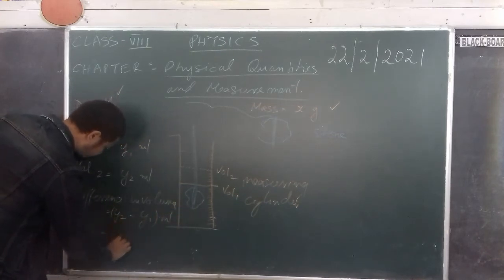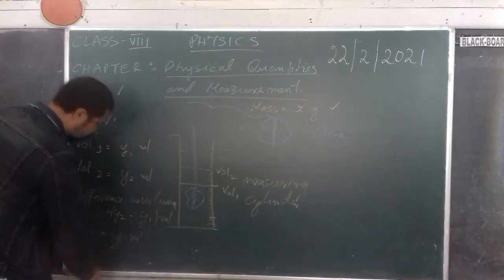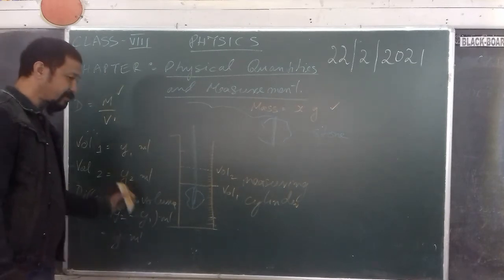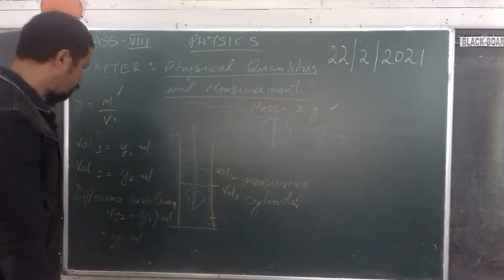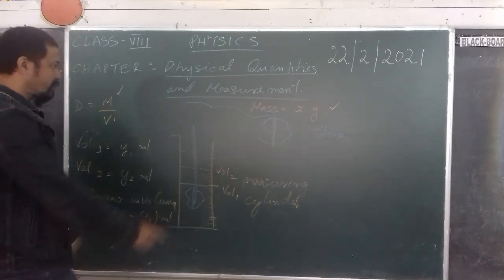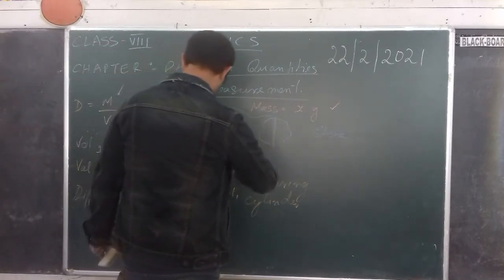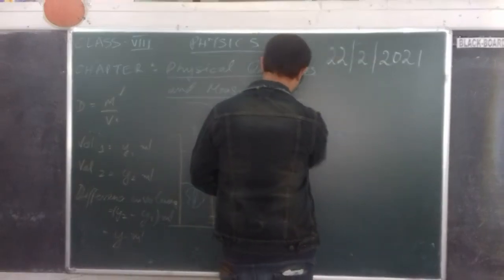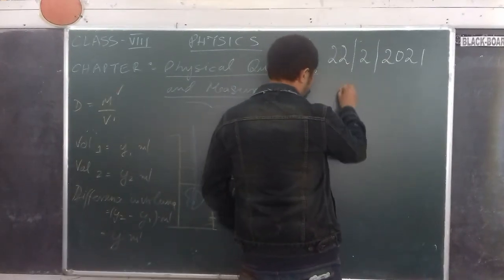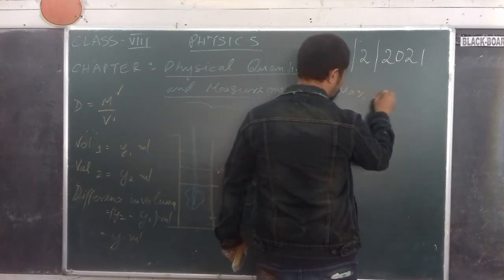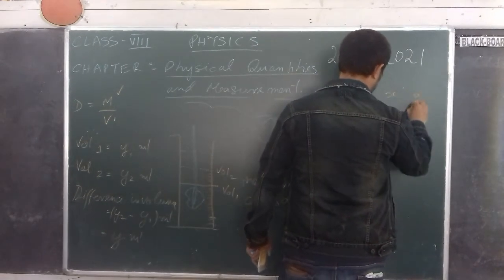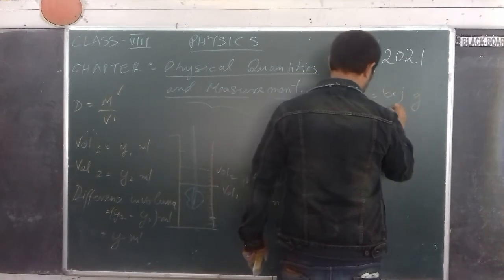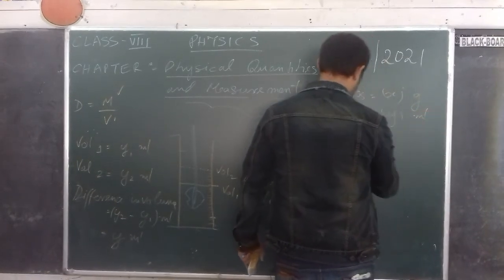You get your Y. I'm just saying X and Y because we don't know the numbers. Thereafter you know the mass is X grams and the volume is Y milliliter.